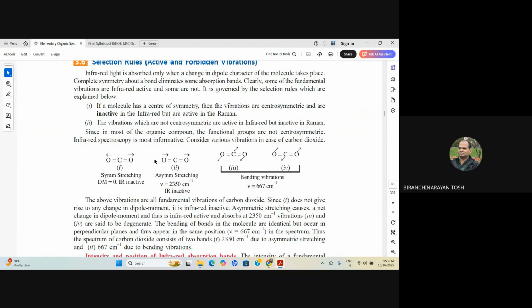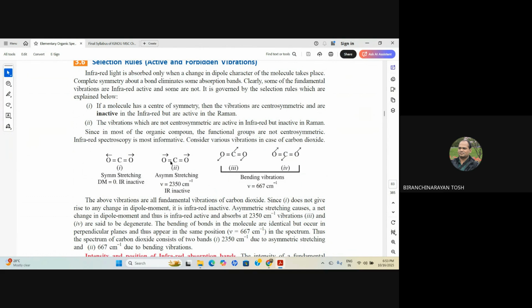But when it is asymmetrical, some polarity will be developed due to induction of the electron cloud, an induced dipole interaction, so it will be infrared active. So asymmetric stretching absorbs at 2350 centimeter inverse, and the bending vibration requires lesser energy, so it will absorb at a lesser wave number.